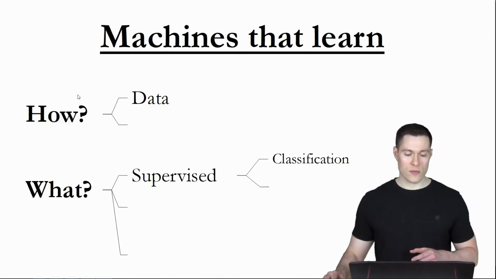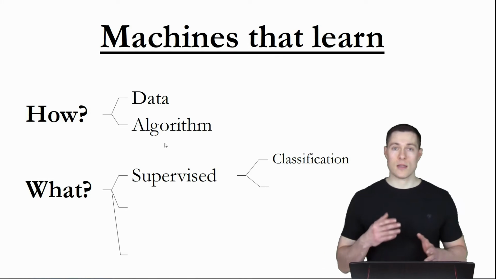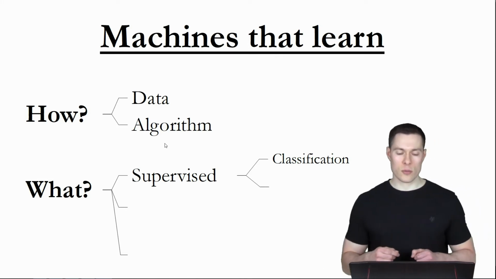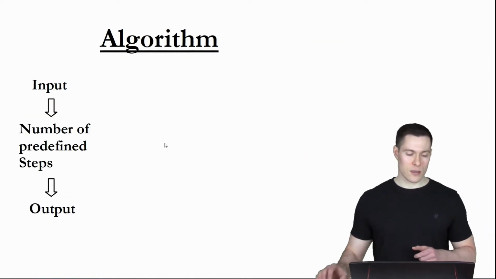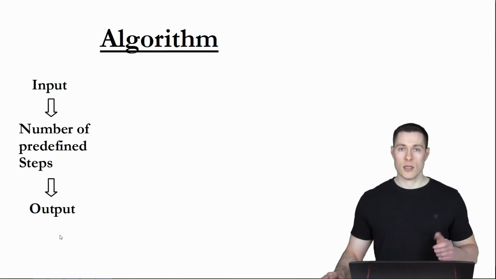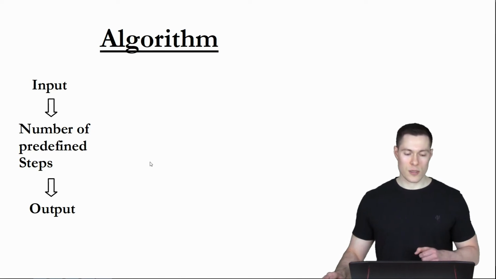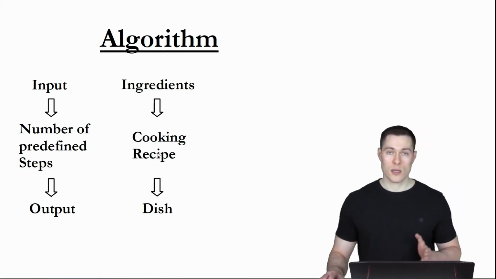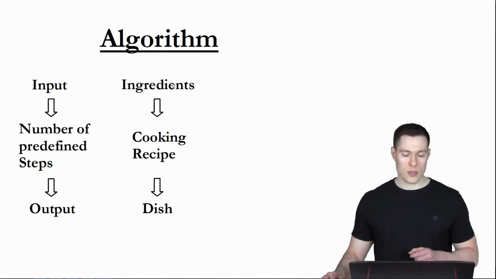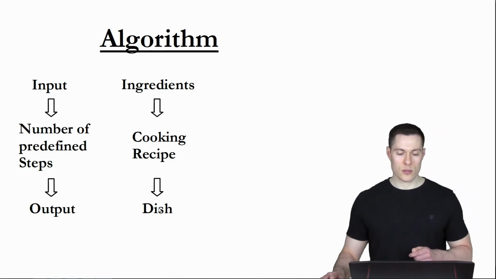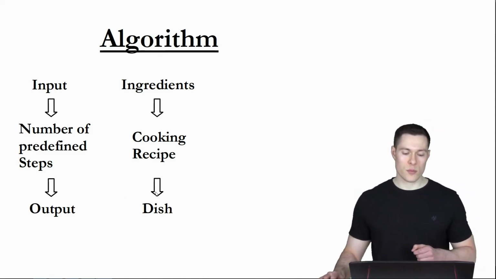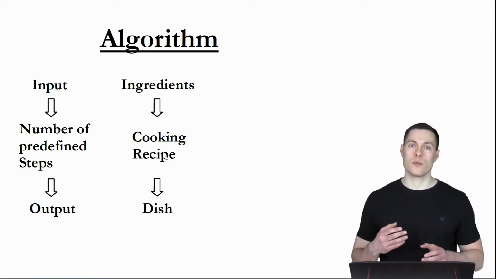And going back to our graphic, this is the second element, how machines learn. And algorithm might sound very technical or complicated, but it's basically just a number of predefined steps that transform an input into an output. An everyday analogy, for example, would be a cooking recipe. The ingredients are the input, the final dish is the output, and the steps described in the recipe are the actual algorithm.